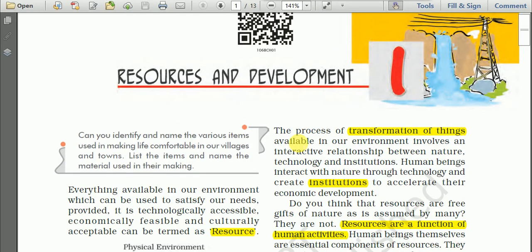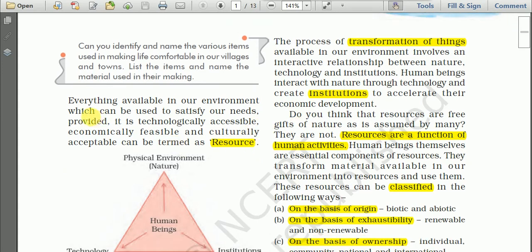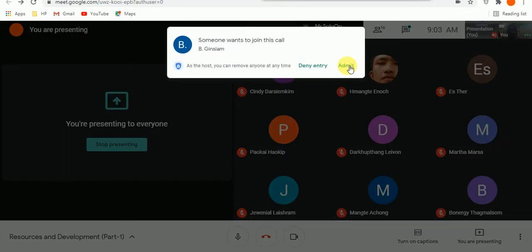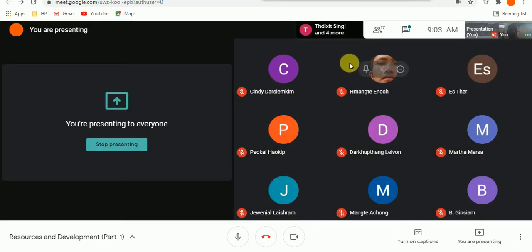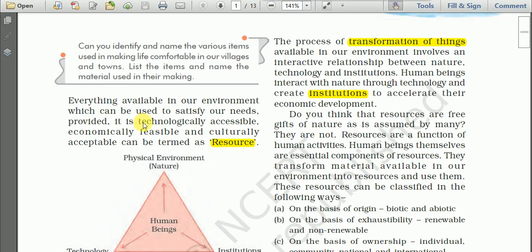So this is the first chapter, Resources and Development. So here this small paragraph tells the meaning of resources. So let us read.